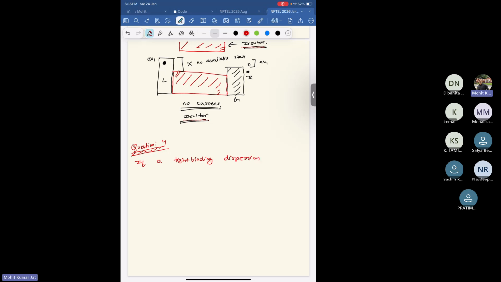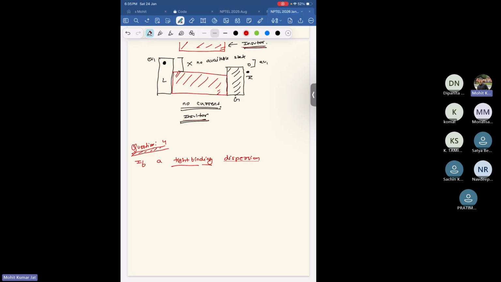Tight binding is a model formulation in which you model electrons that are initially well separated, bound to their atoms, and then bring the atoms closer, so the electrons become more delocalized. Then you solve those models to get the electronic dispersion. So it's just the name for the way of doing the problem.